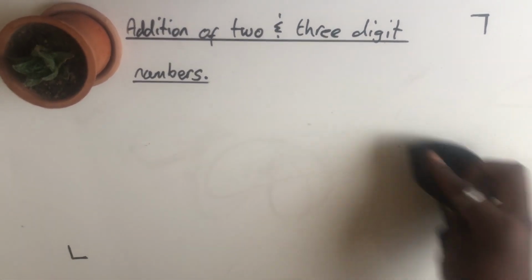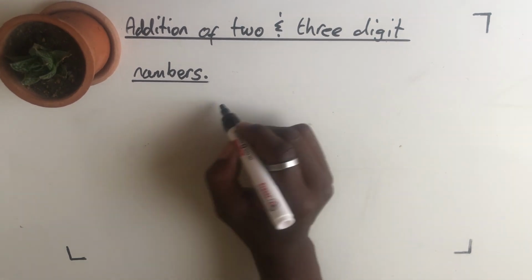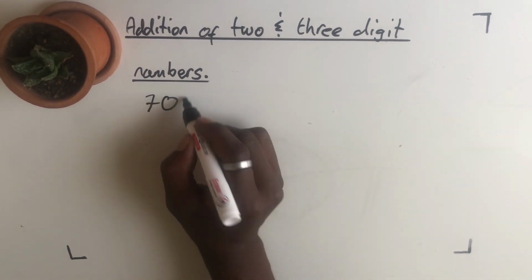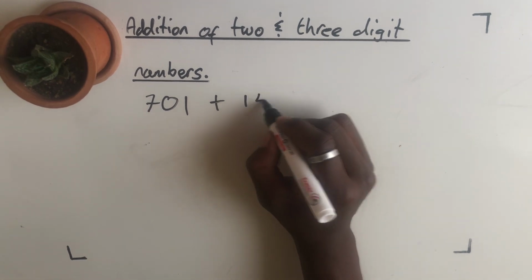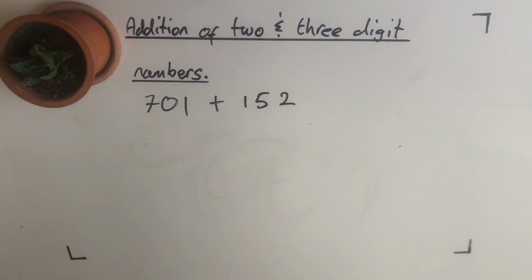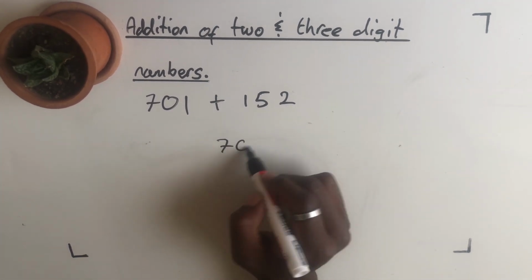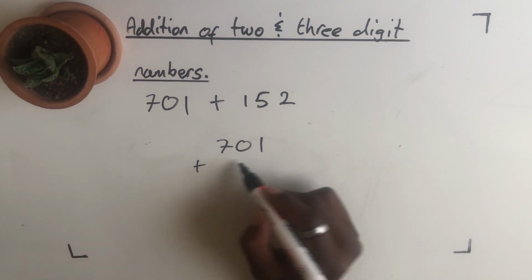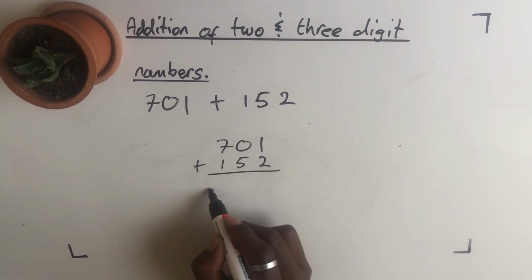Now, let's look at a third one that says 701 plus 152. Okay? So the first step again is to write them one below the other. Like so.